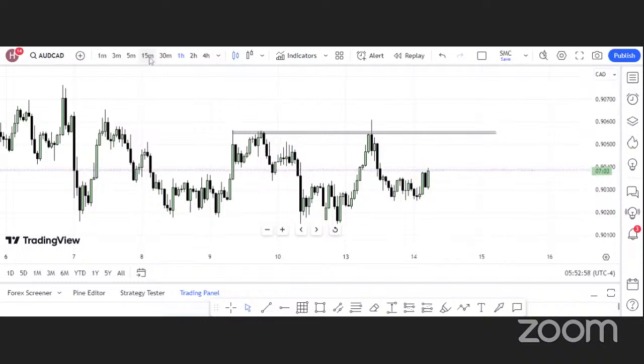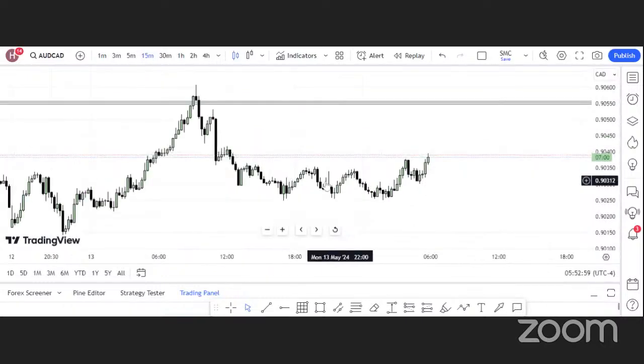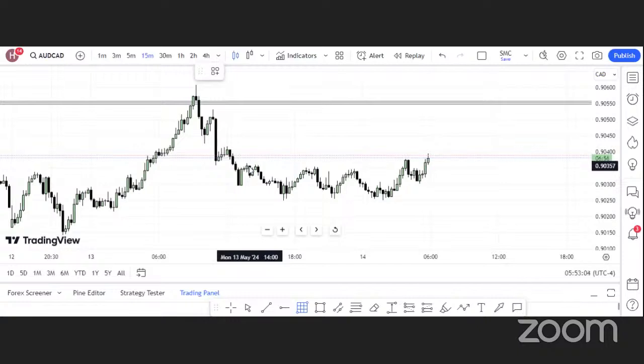On the lower time frame, you can look for areas where you have your support and your resistance, and then you can buy from there. Michael, I think I answered your question. Just look for areas where the market has previously rejected from.